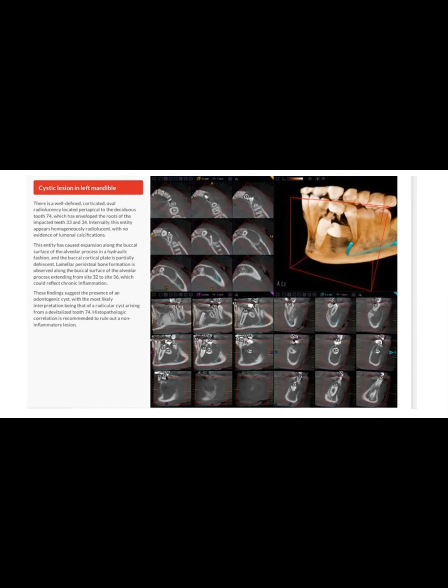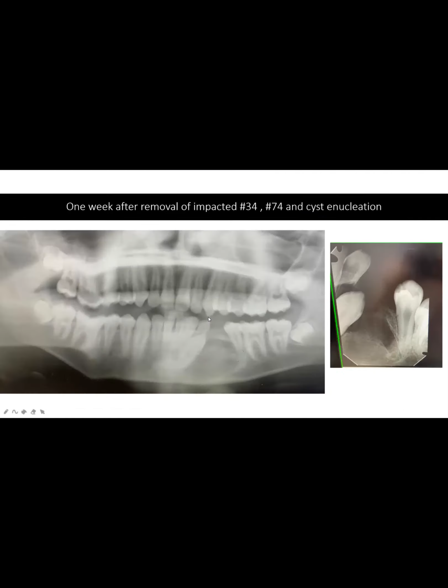So we've done that. We have removed it. And I think we have a pan post-operatively, right? Dr. Sally can show it. And it doesn't look that bad. Obviously healing, but definitely better than what it was before, right? Again, better imaging, suspect, ask the right question, take a proper history.